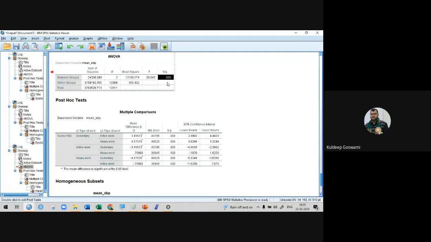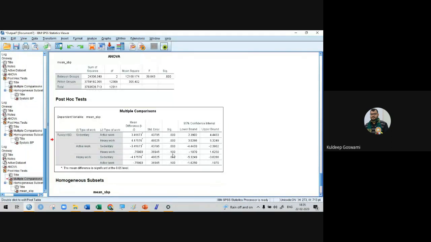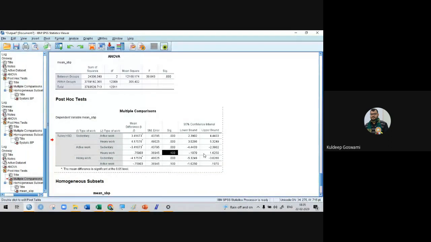But when we want to check whether all the 3 categories are different from each other or not, only then did we come to know that active and heavy work do not have a significant result.